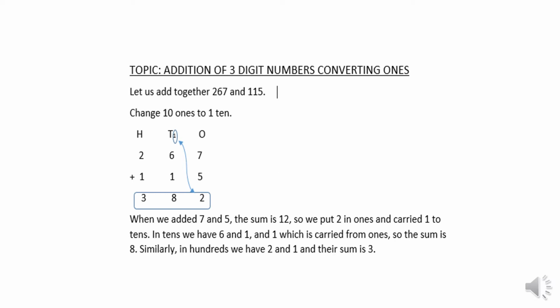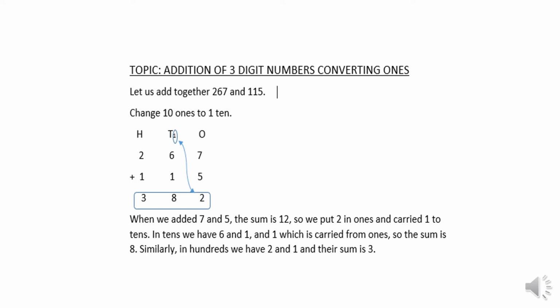In tens we have 6 and 1, and the carried 1, so 6 plus 1 is 7, plus 1 is 8. Similarly in hundreds we have 2 and 1 and their sum is 3. So the answer would be 3 hundreds, 8 tens and 2 ones.